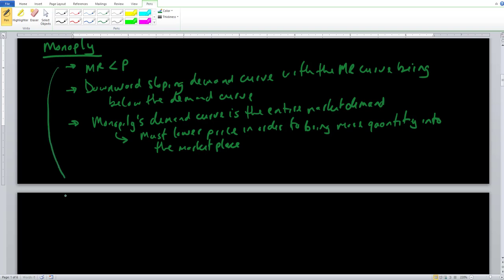So if we bring this all the way down, we want to go ahead and compare the marginal revenue with these numbers right here. So if our quantity is equal to 10, we just noted that our price is going to equal $40. So what is our total revenue in this case? Our total revenue, remember, is price times quantity. So $40 times 10. Our total revenue is equal to $400.